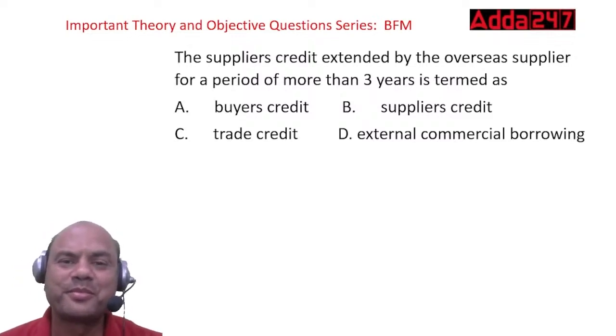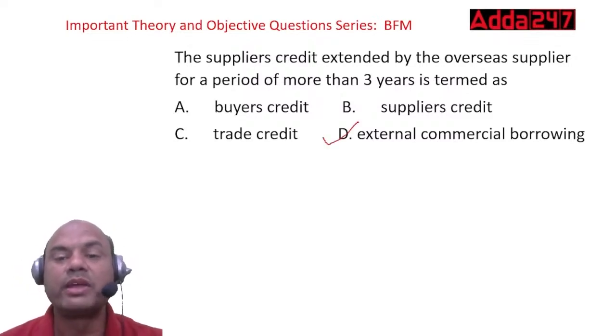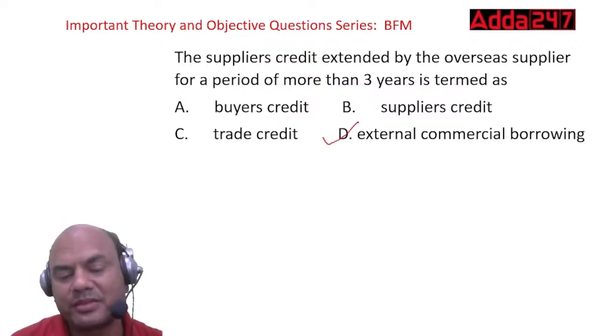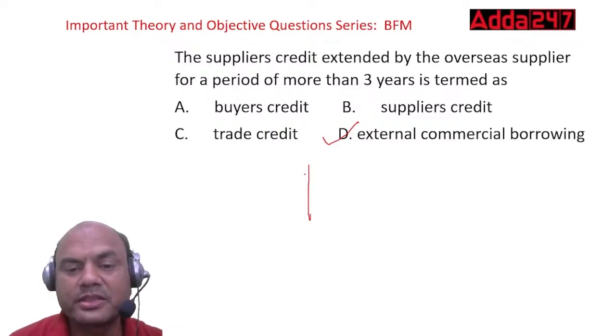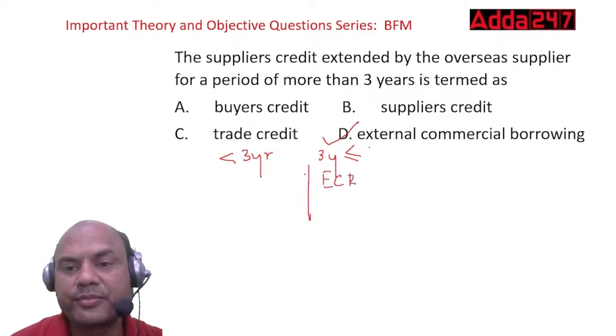So, I told you that it is ECB, external commercial borrowing. Whenever any loan is beyond 3 years, it is called as ECB. See here, it's simple. Below 3 years, less than 3 years, and 3 years and above. So it is ECB over here.